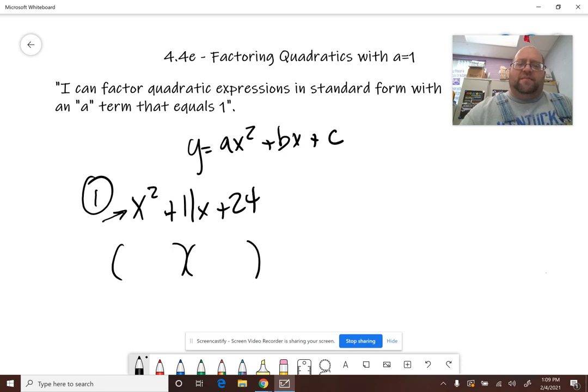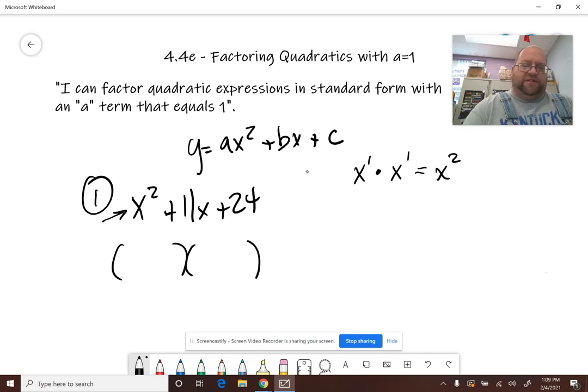Well, if I take x to the first power and multiply that times x to the first power, remember when I multiply exponents, I actually add them. So in this case, if I take x to the first times x to the first, I'm going to end up with x squared, which is kind of what I need right here. So in order to get x squared, I'm going to have to take x times x somehow, some way.